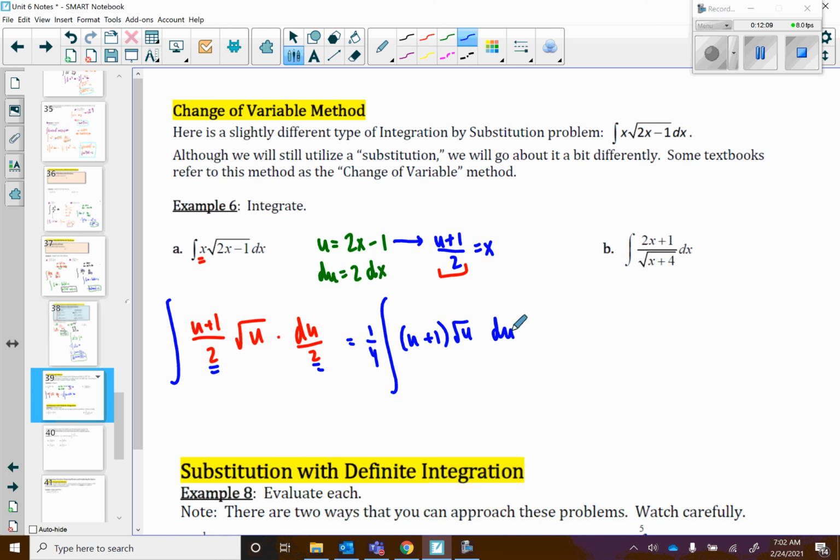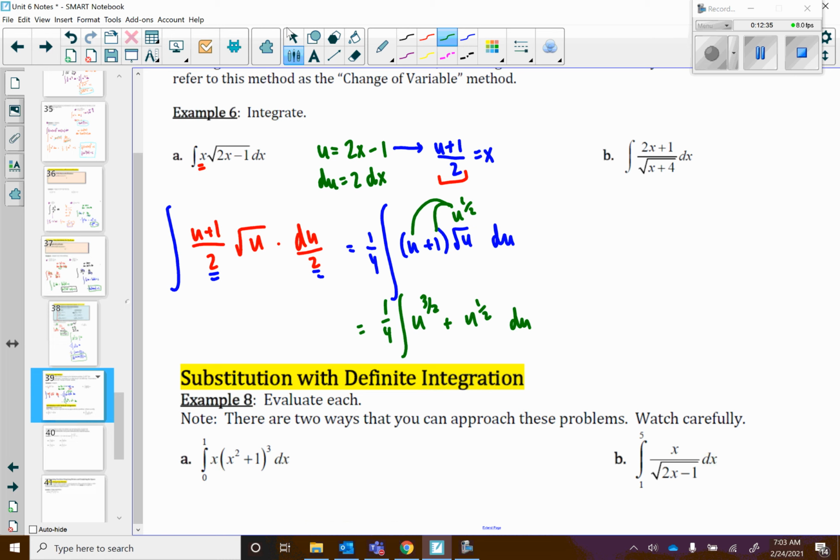In this problem, this, my dear friends, is back to kind of where you started with integrals, where, okay, I know u, the square root of u is really u to the 1/2, and I'm going to distribute that. So I have 1/4 times the integral of u to the 3/2 plus u to the 1/2 du.